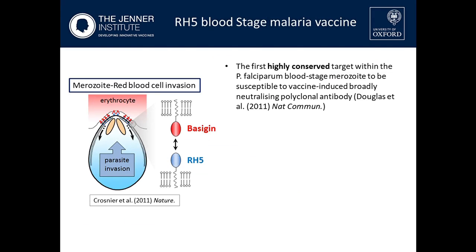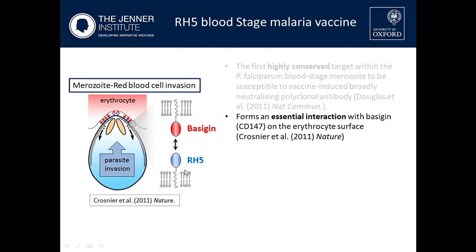This one was susceptible to vaccine-induced broadly neutralizing polyclonal antibodies. And this antigen is Rh5. The Rh5 molecule on the parasite interacts with the receptor basigin, also known as CD147, at the surface of the erythrocyte.